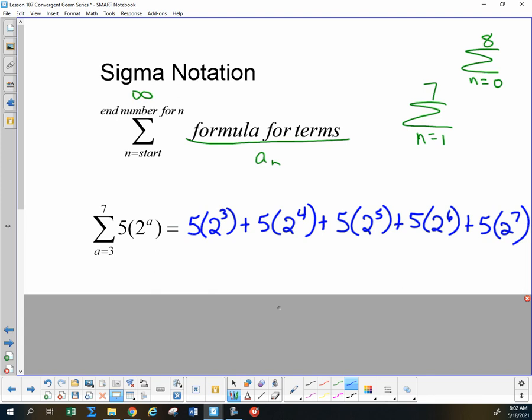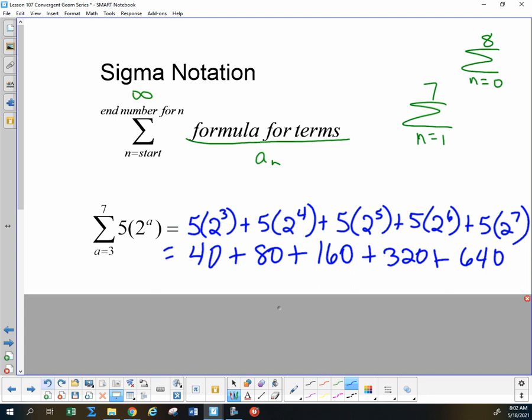And so if we wanted to multiply those out, 8 times 5 is 40 plus 80 plus, whoops, not 120, 160 plus 320 plus 640.